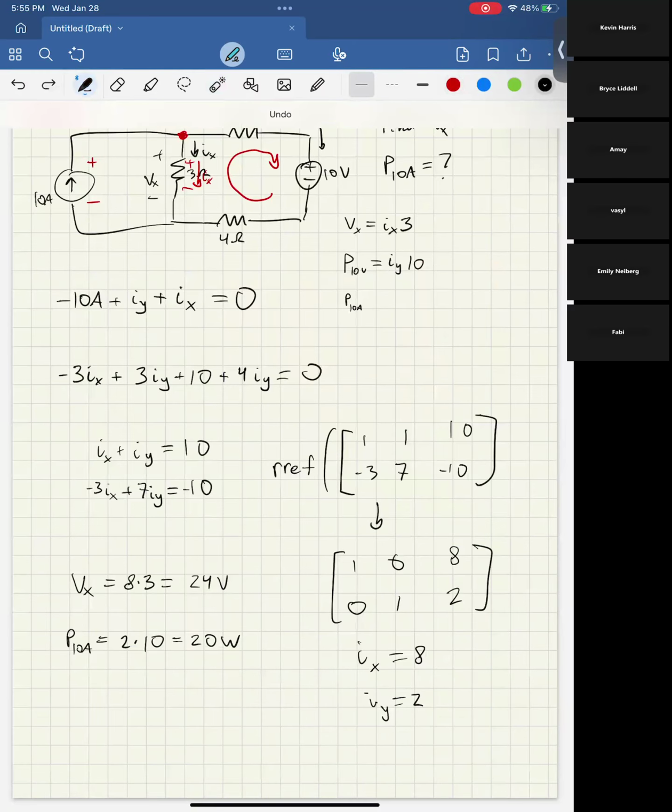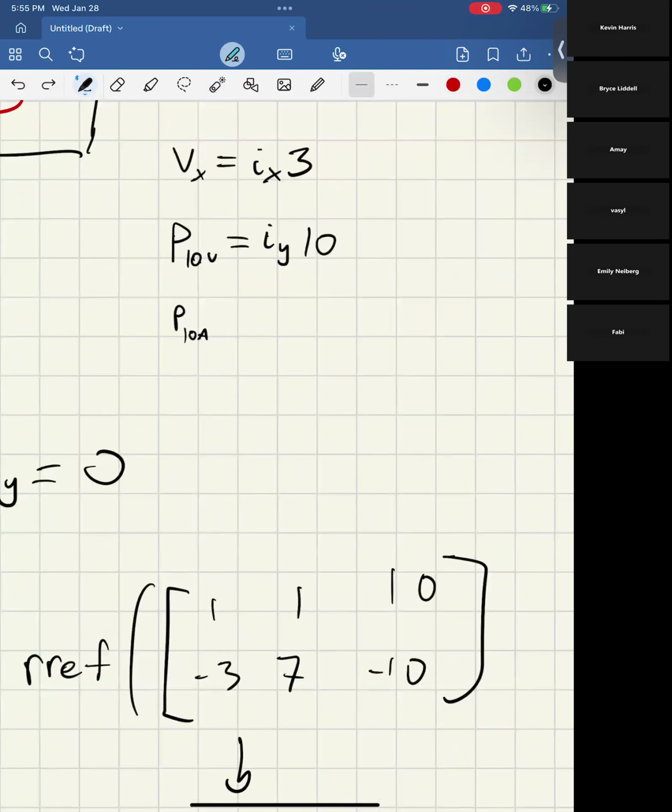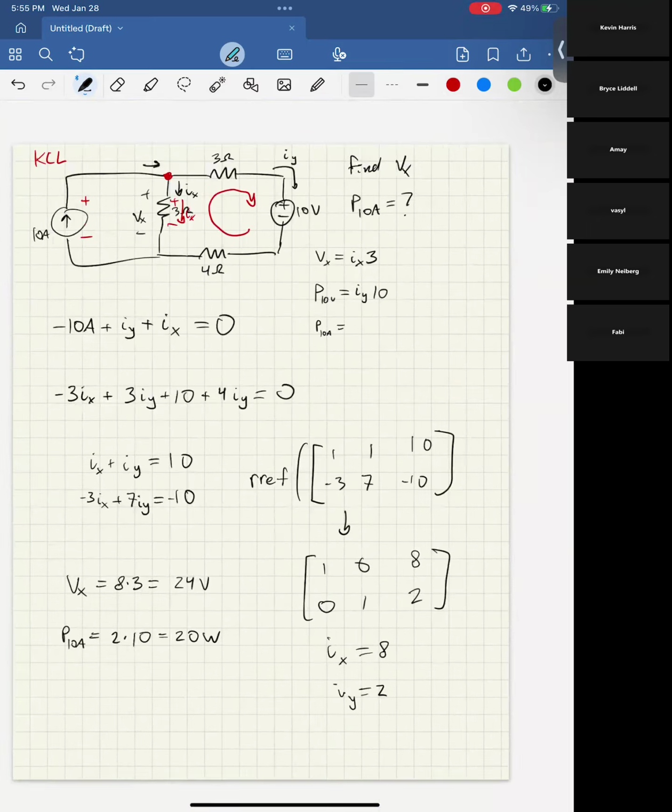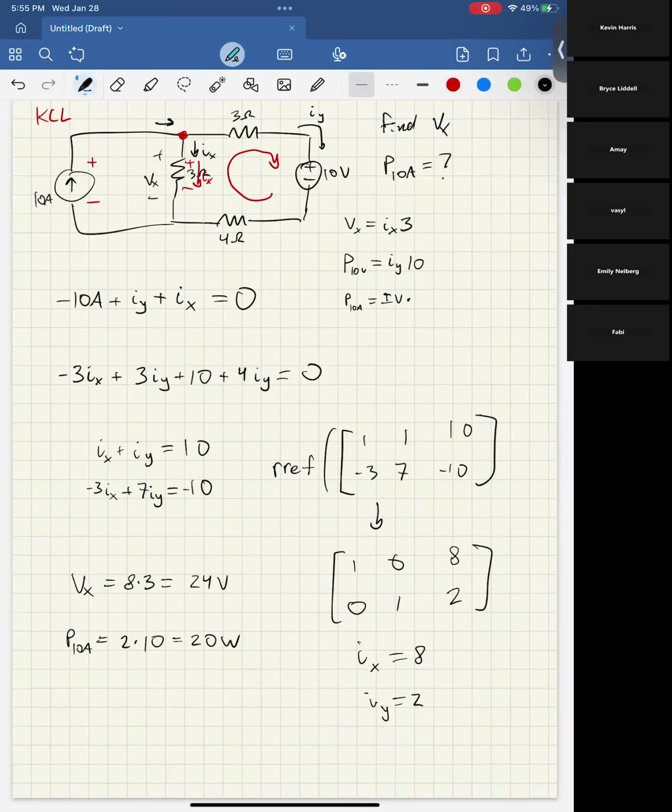So the conclusion then is that the 10 amp power will end up being, remember, it's I times V, and that is going to be 10 amps times negative Vx.